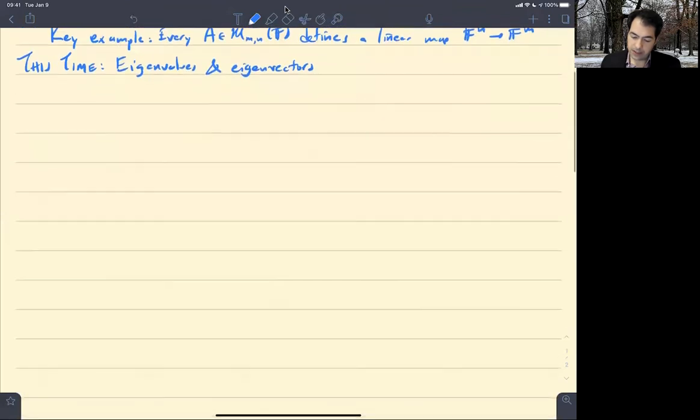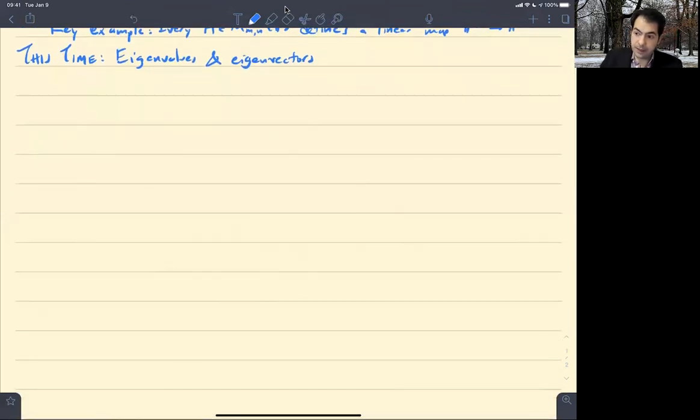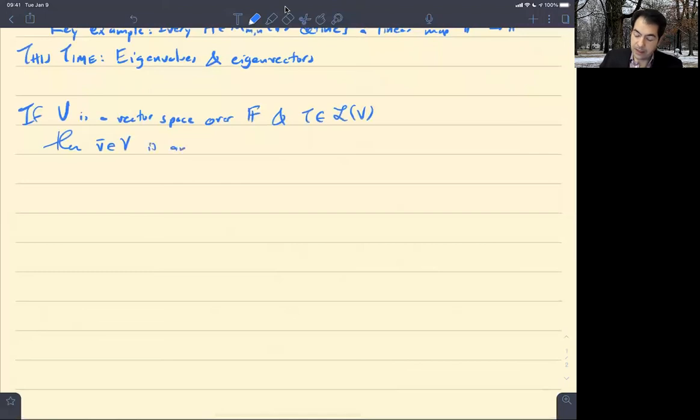Okay, so the definition is not complicated. If V is a vector space over a field F, and T is a linear map from V to itself, then we say that a vector v is an eigenvector of T with eigenvalue lambda, an element of the field, if two things happen.